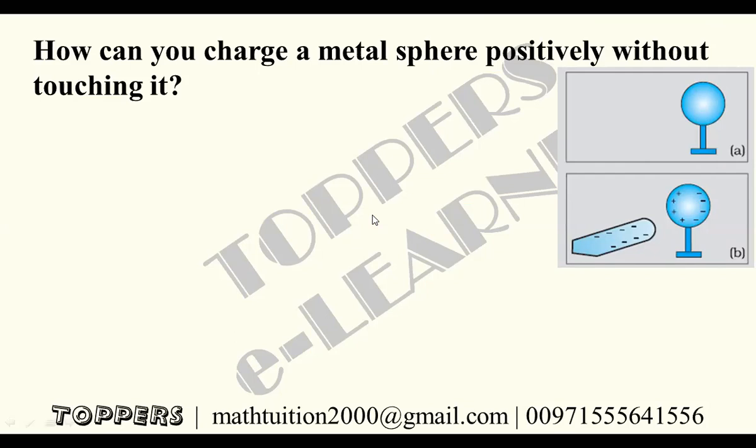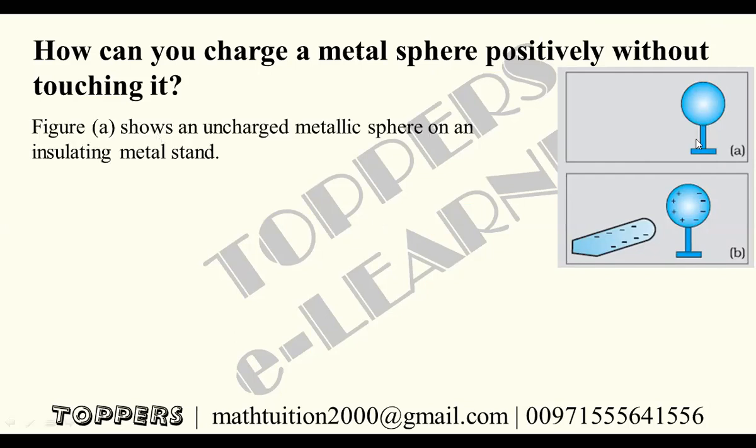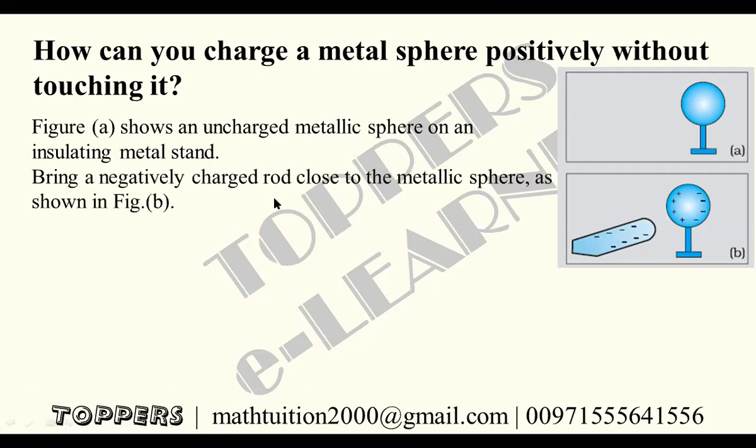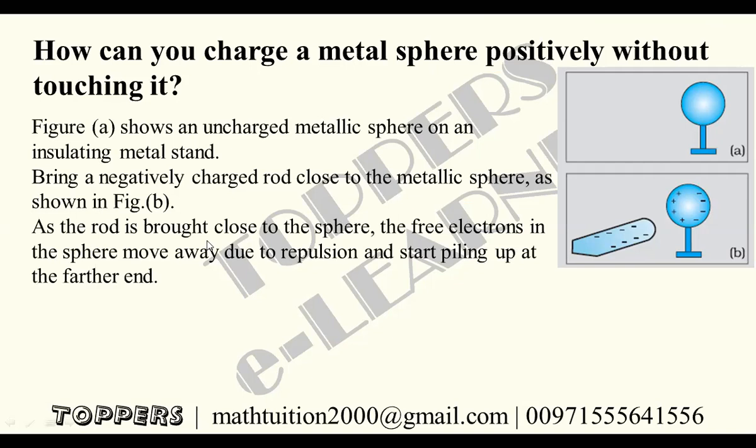Once again, figure A shows an uncharged metallic sphere on an insulating metal stand. Bring a negatively charged rod close to the metallic sphere as shown in figure B. It can be a plastic rod, rubber, PVC, etc. As the rod is brought close to the sphere, the free electrons in the sphere move away due to repulsion and start piling up at the farther end.